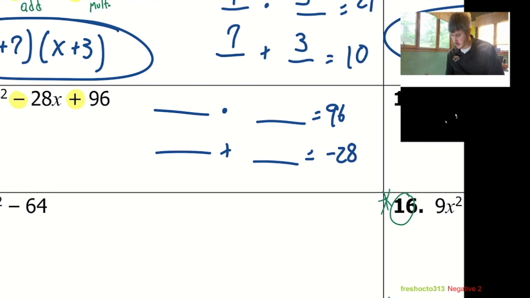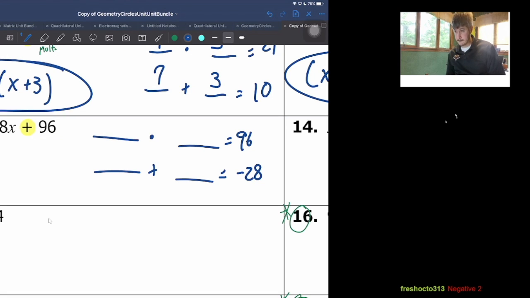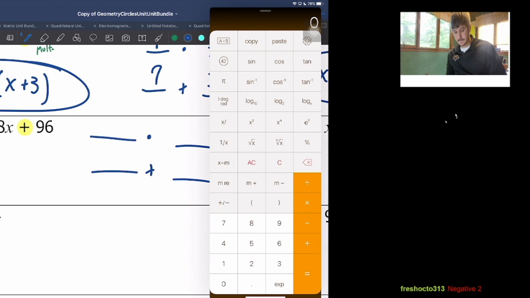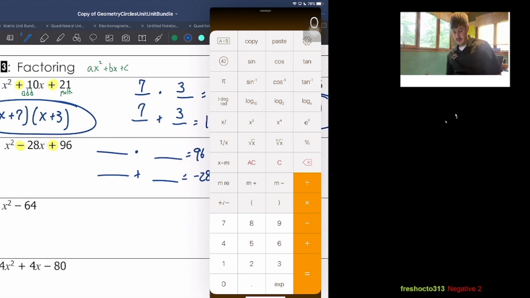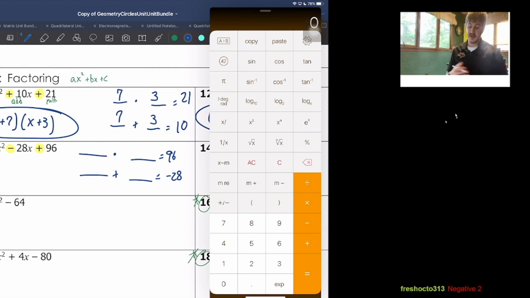Actually, let me share my calculator. Because now that the numbers get a little bit bigger, I like to plug some stuff into a calculator. You could figure out all the multiples of 96 and start multiplying them together and figure out what's going to add or subtract into negative 98.